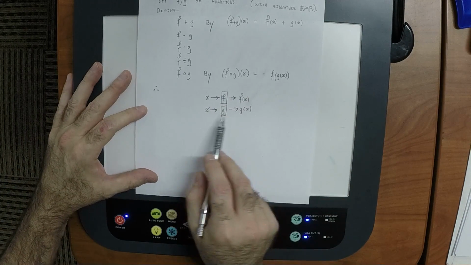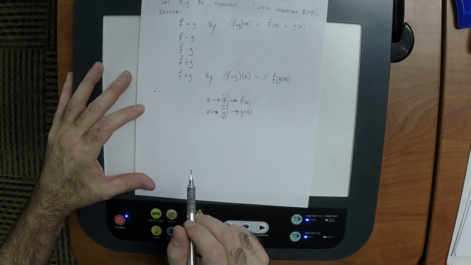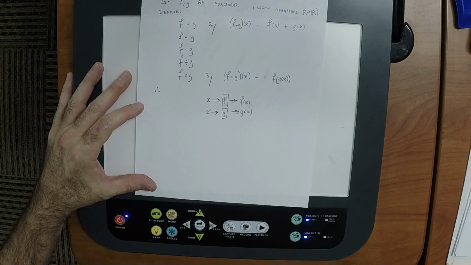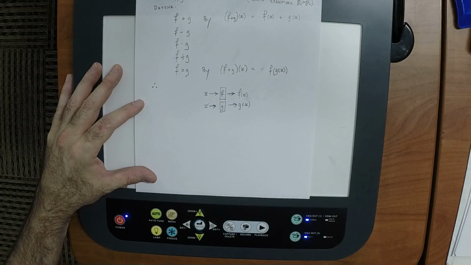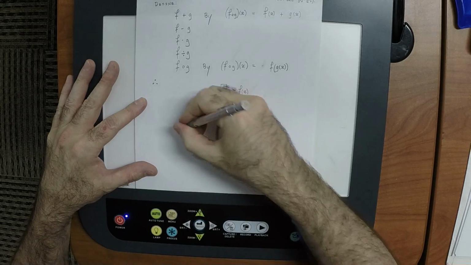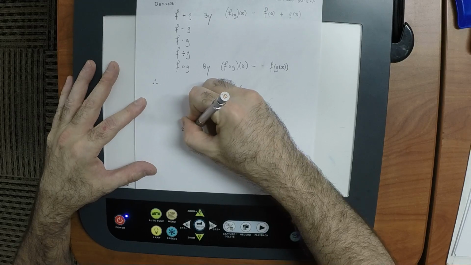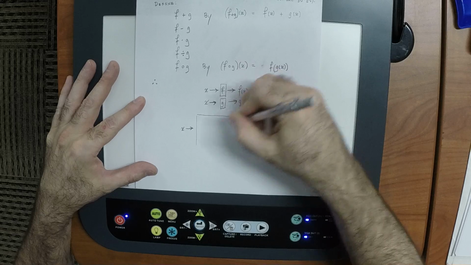And what I want you to imagine, a good physical analogy for functions, is an assembly line, like a process. So suppose that we want to consider how the f plus g function looks. Well, we take the x, and now we've got a big box here.